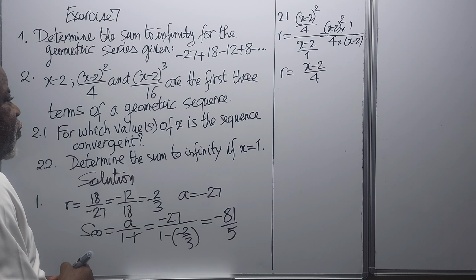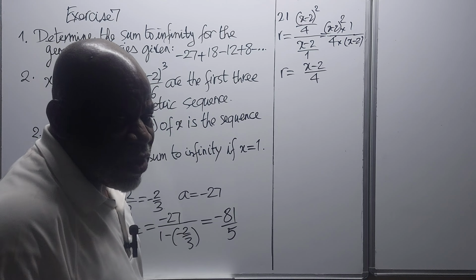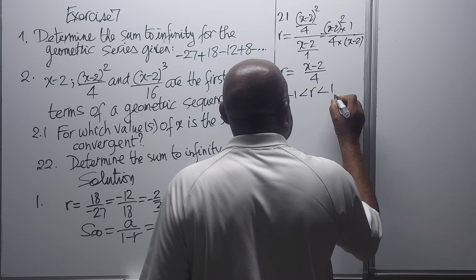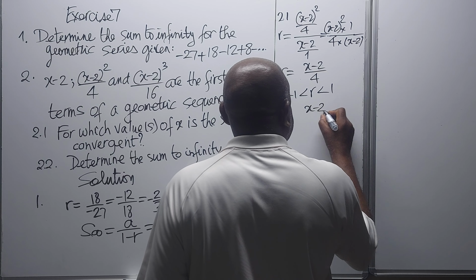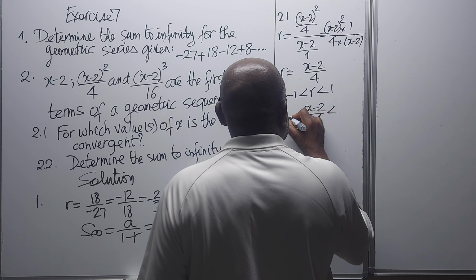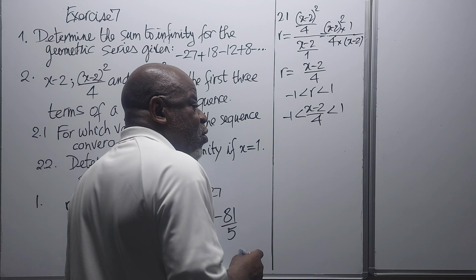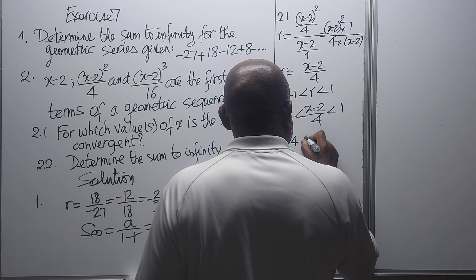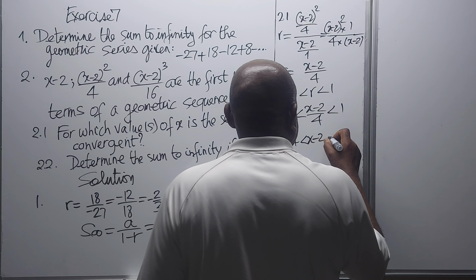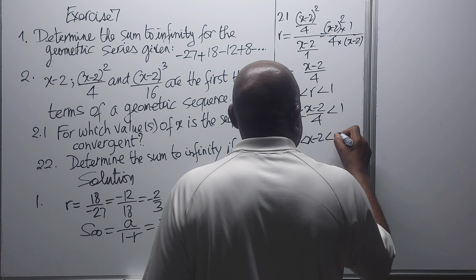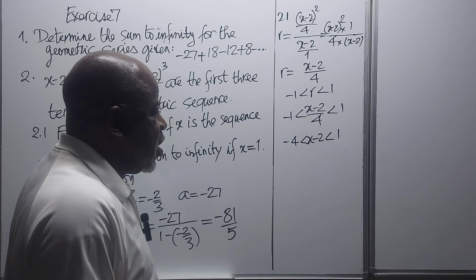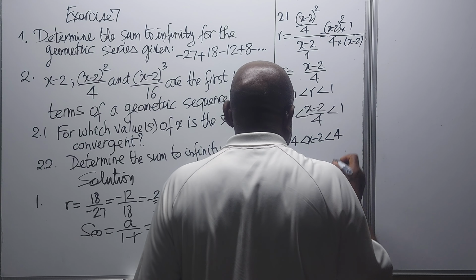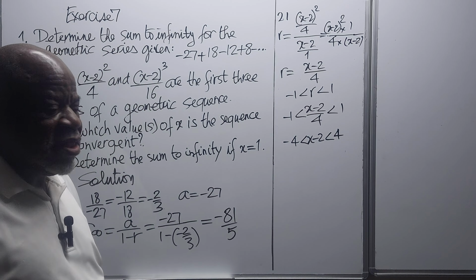And then we know the condition for sum to infinity. Our common ratio must be between negative 1 and 1. So you'll be having x minus 2 over 4 between negative 1 and 1. We're going to multiply by 4. So x minus 2 is between negative 4 and 4.